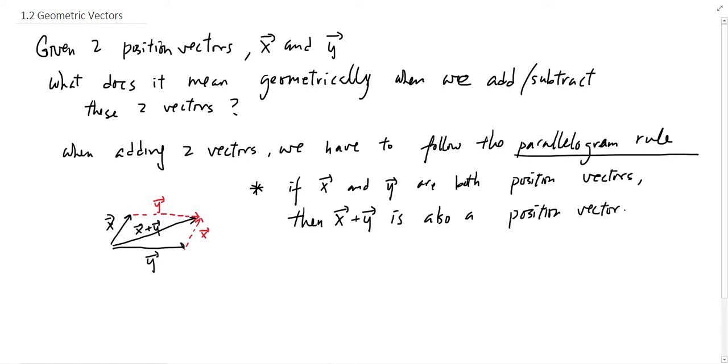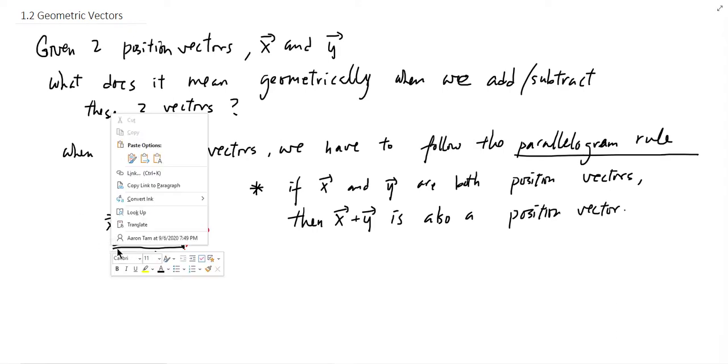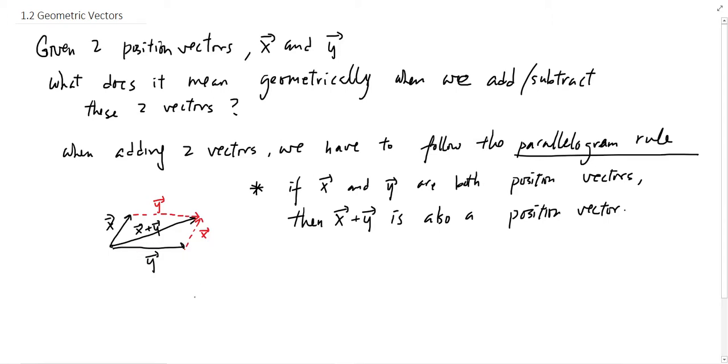The reason is that it also originates at the same one point, and that point would be the origin. So if vector x is a position vector, this has to be the origin, and it points to a position right here. Vector y must start at the origin right here and point to a position right here. And then the sum would be another position vector that points to a different location, somewhere between the two.